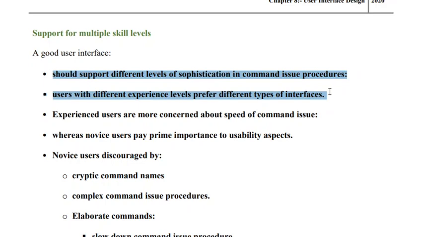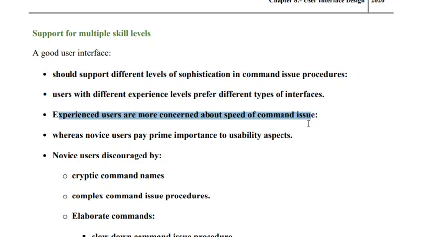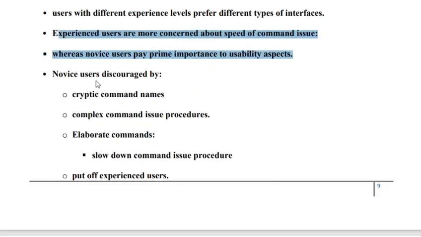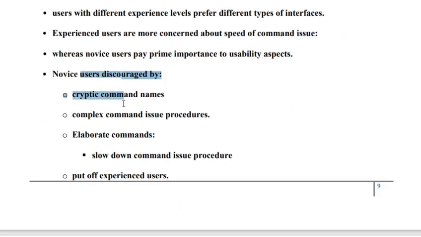Users with different experience levels prefer different types of interfaces. Experienced users are more concerned about the speed of the command, whereas a simple user pays prime importance to usability aspects. So this is very much important. A user interface should be capable of enabling an experienced user as well as an amateur user to use the software system in order to realize a given business task, right? A simple user is often discouraged by cryptic command names.